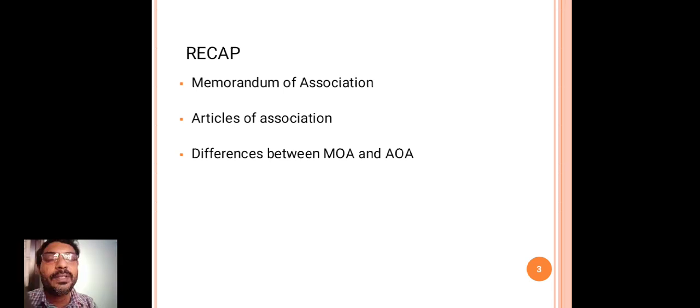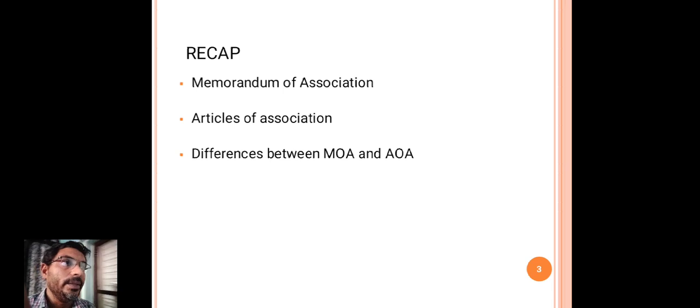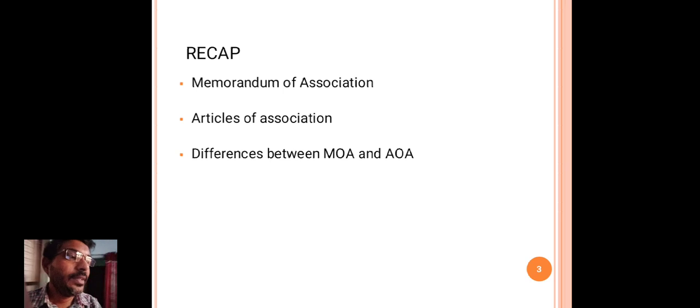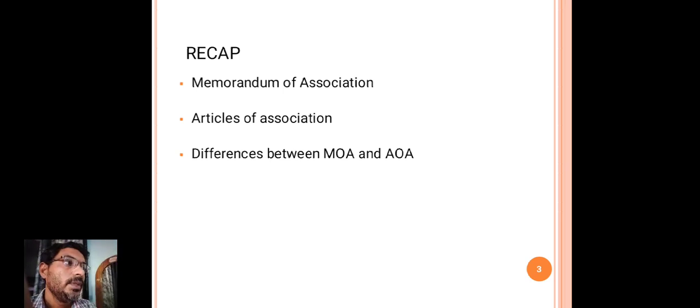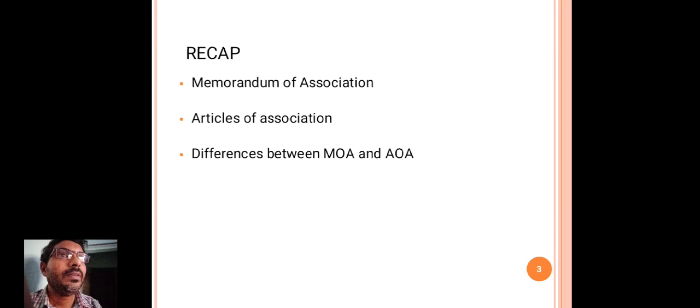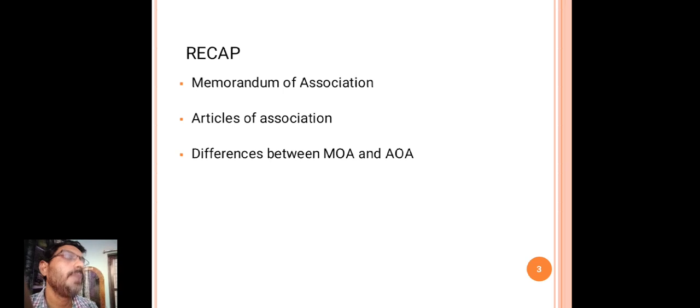In case it is a private limited company, then private limited should be added. That is, XYZ private limited or XYZ limited. By seeing the name of the company, one can identify whether it is a private company or a public limited company.